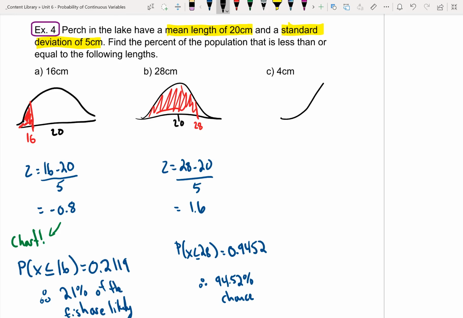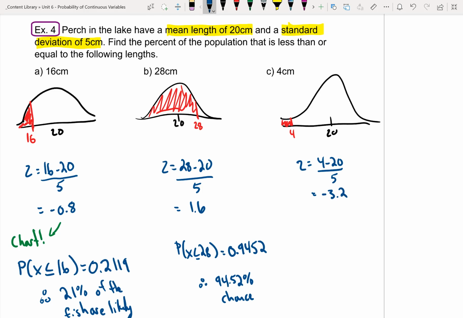If I look at 4 centimeters, again, same thing. 20 is my mean, and I'm looking for something that is 4, so it's way down here at the end. So I'm trying to find the area of that small section. I use my z-score formula, so 4 minus 20 divided by 5, which equals negative 3.2.